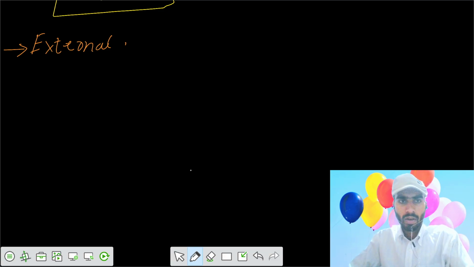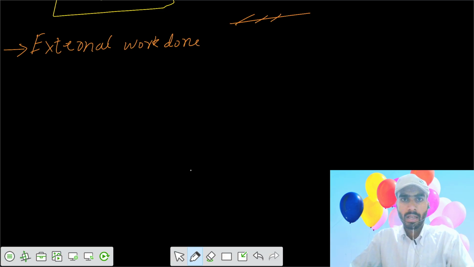So what is the external work done? If you have a beam or a bar hanging and you apply a force P, it gets deformed up to a delta.